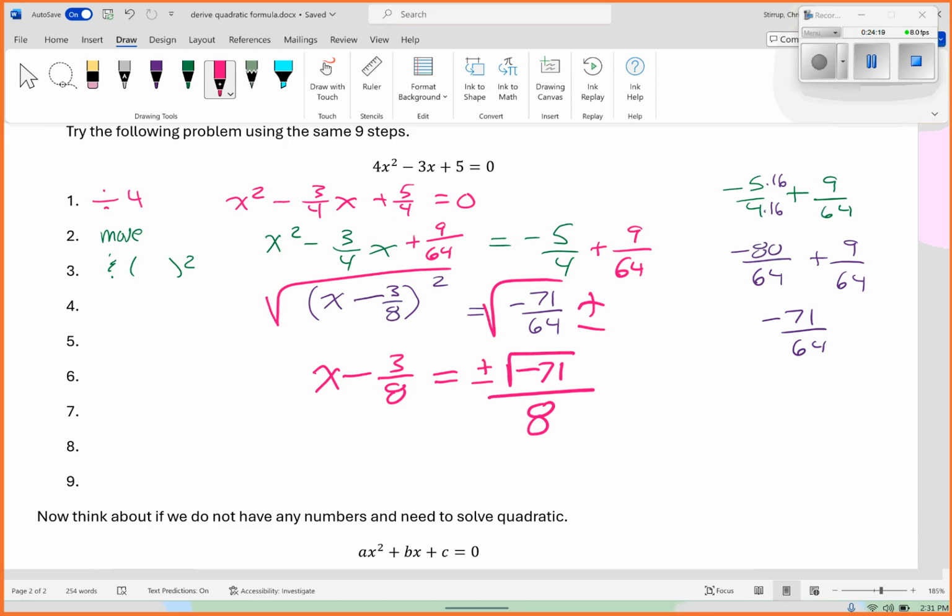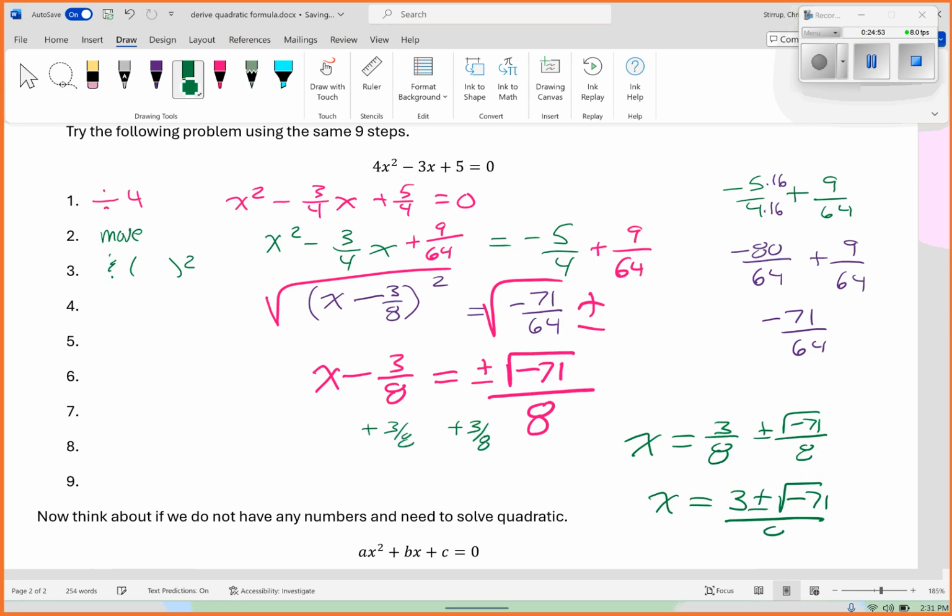Now I only have the square root over the 71 because the square root of 64 is 8. All right. Last step. Anyone want to take a shot at it? Add 3 over 8.